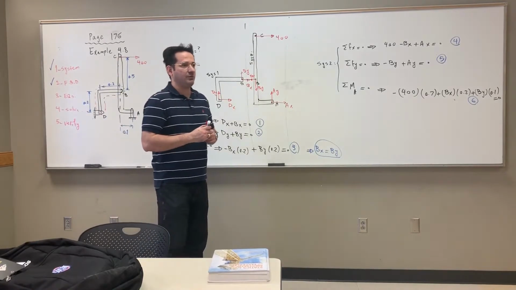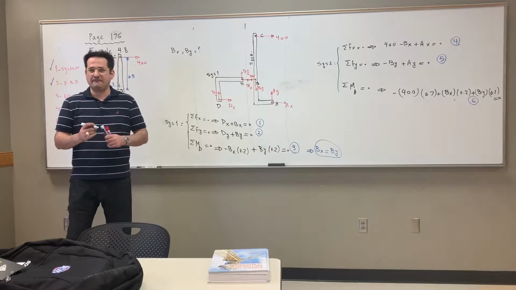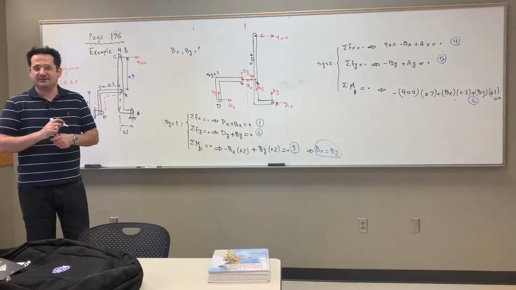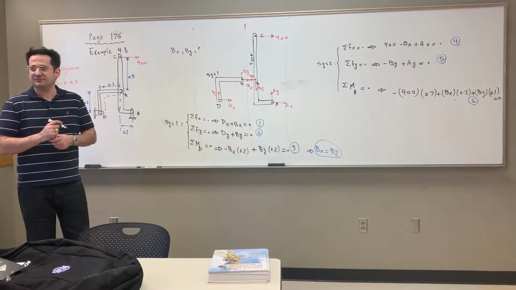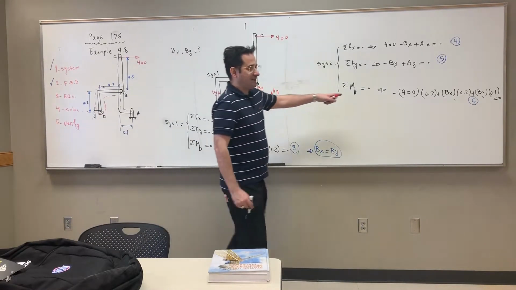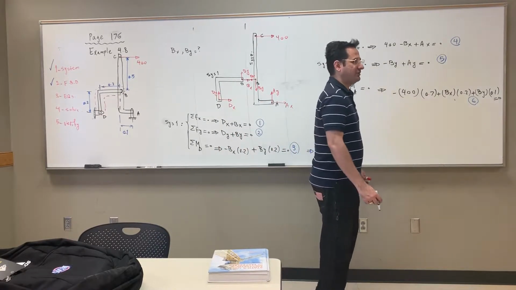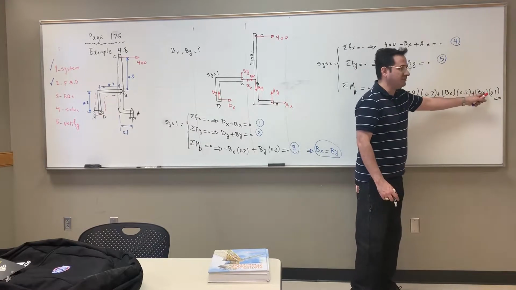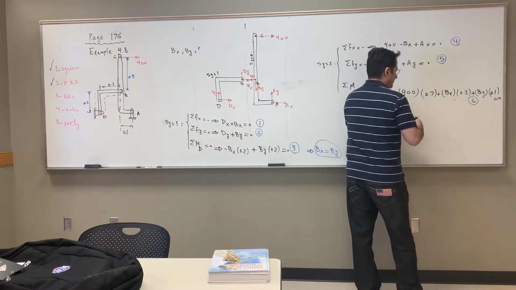Now, what is my next step? Plug in By or Bx instead of... Yeah, equation 6. Plug in the 6. So if I plug into 6, Bx is equal to By, so I just put either Bx or By.